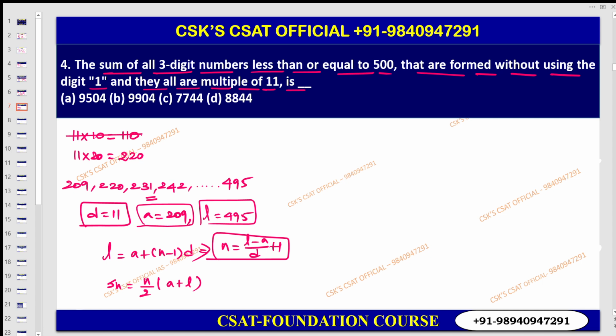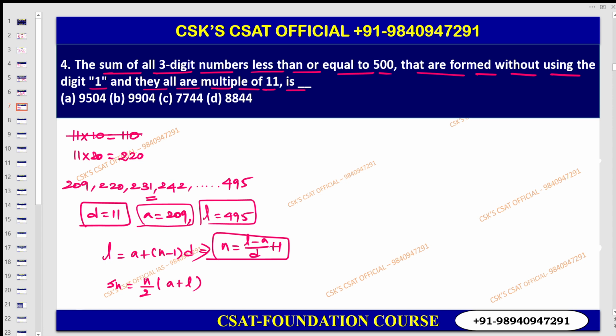That is not the answer, because the question clearly states that the numbers are formed without using the digit 1. In such a situation, how can you find that out?